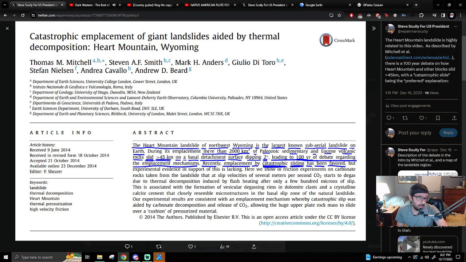So, the Heart Mountain landslide of northwest Wyoming is the largest known subaerial landslide on Earth, so in the air, not in the ocean. Why subaerial? Well, because it's on the continent. Does that mean it's actually subaerial? I'm not so convinced.